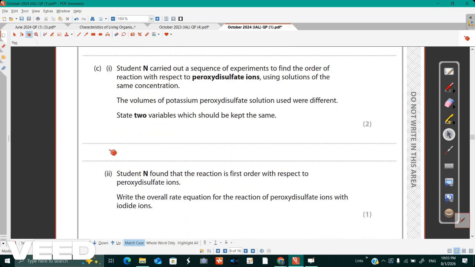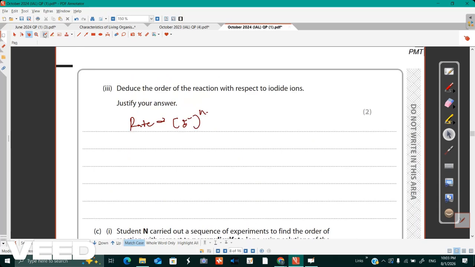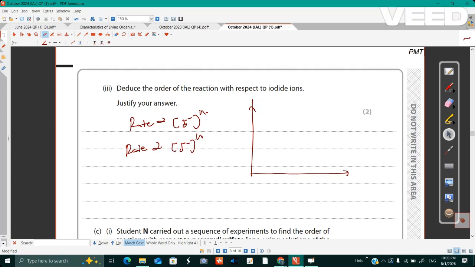Student N carried out a sequence of experiments to find the order of the reaction. Can you explain again about finding the order, please? Okay. So this experiment is carried out to find the order. Remember, now rate is equal to k [I minus] to the power n. n is the order.